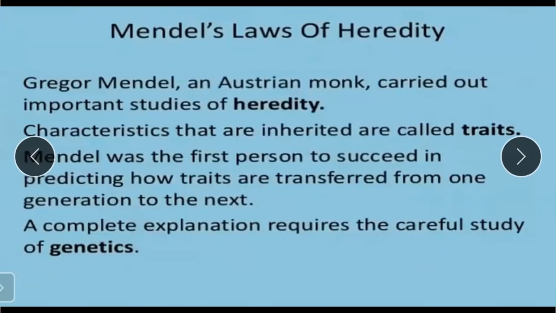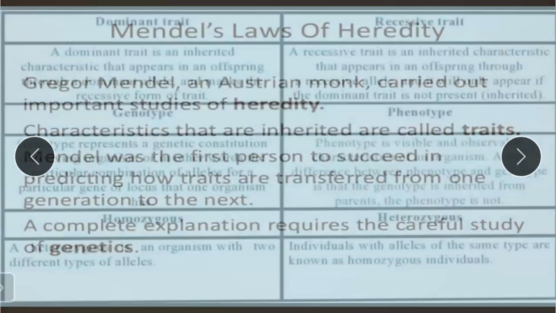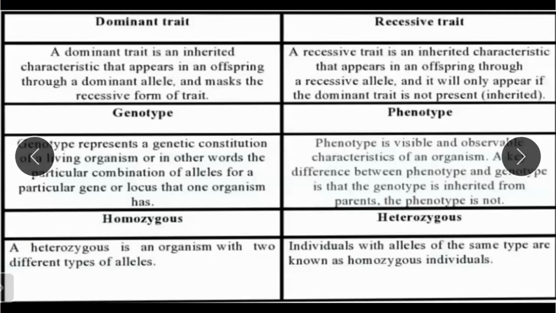The characteristics from our parents, their looks, their eyes, their skin tone, all these characters are transferred to the offspring. All these questions will be answered in the study of genetics, how the characteristics are transferred from the parents to their offspring. Okay. For this, Mendel did so much hard work.